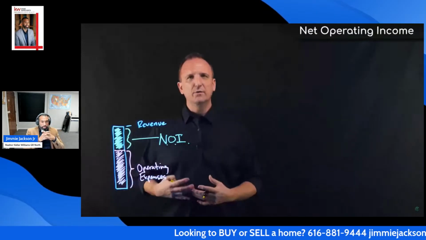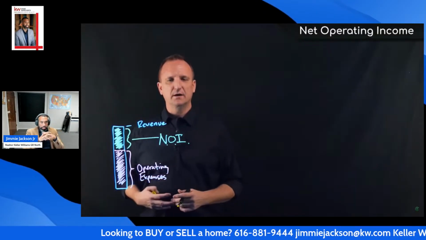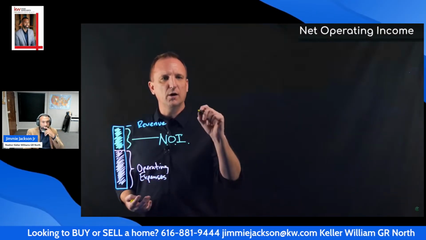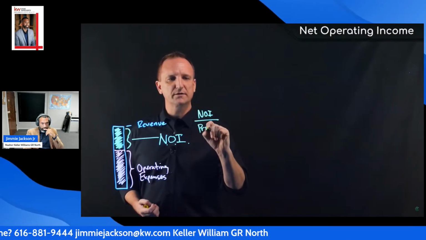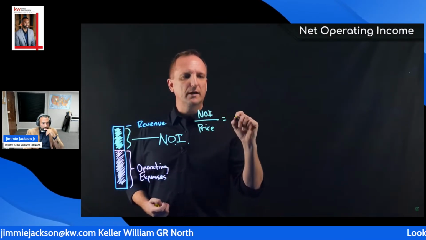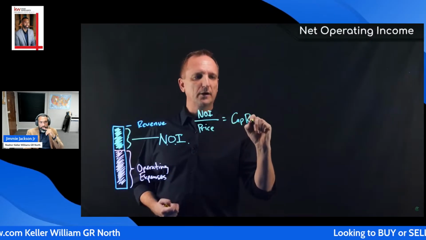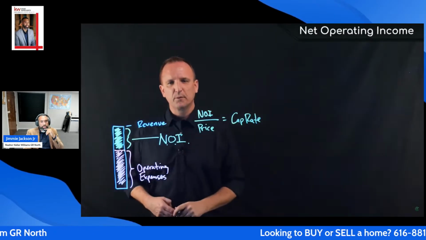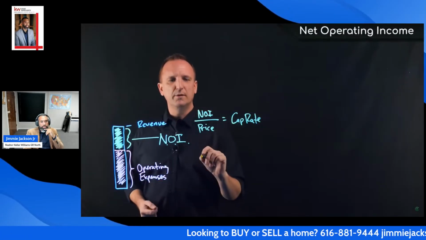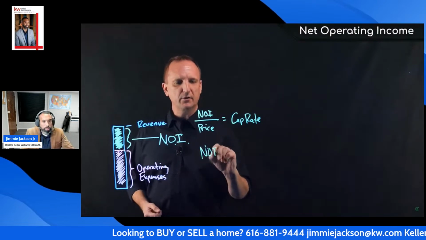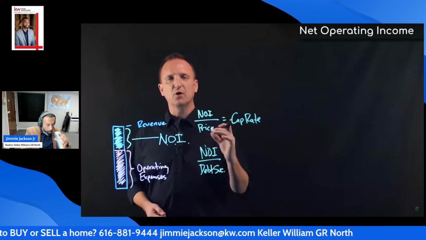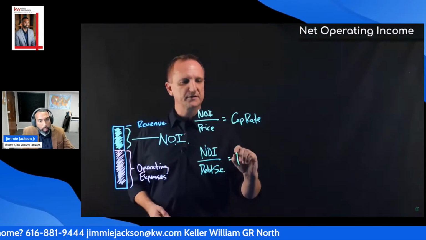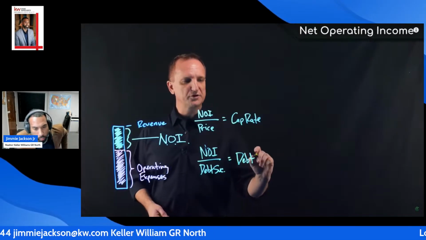Now, NOI can be used for a lot of things. For instance, if we take our NOI and we divide it by our purchase price or value, that gives us our cap rate. NOI can also be used to calculate, if we take NOI divided by our annual debt service, that gives us our debt service coverage ratio.